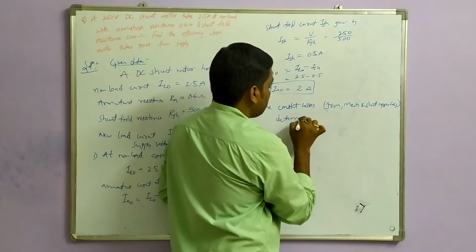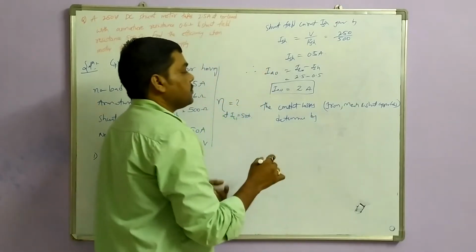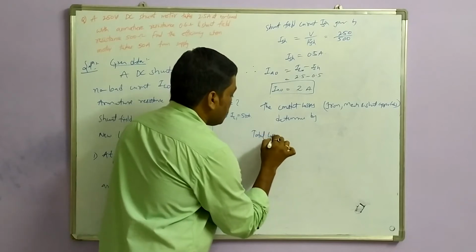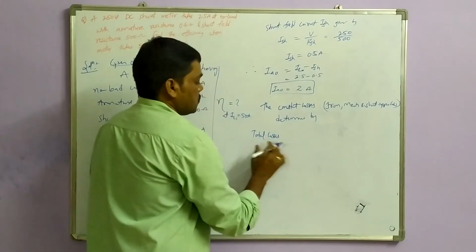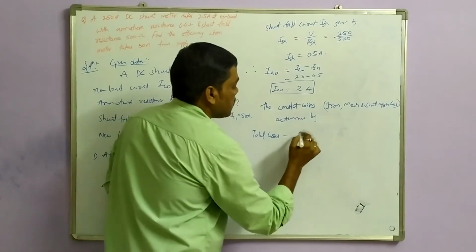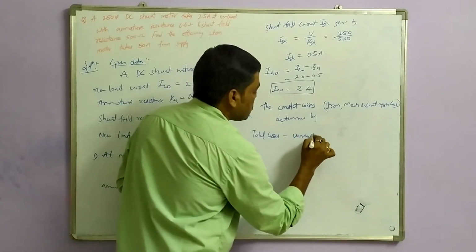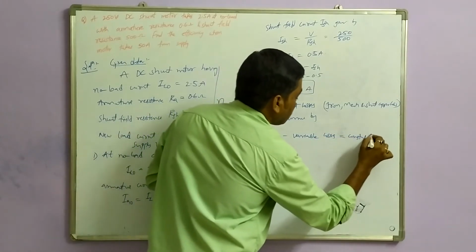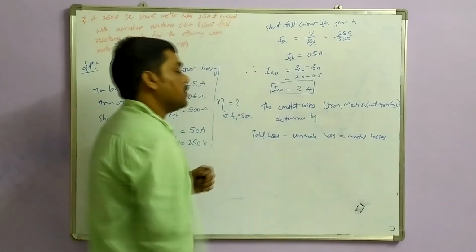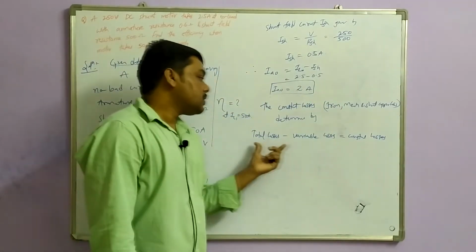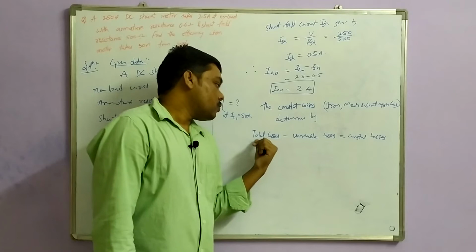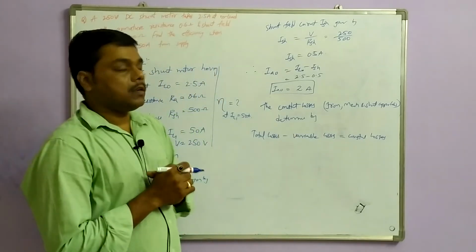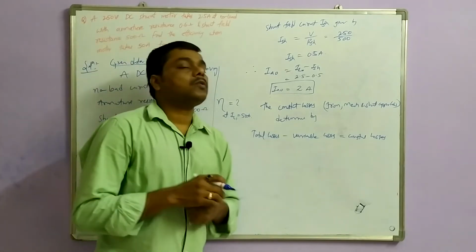The constant losses are determined as you can see here: total losses minus variable losses is equal to constant losses. Now at no load, what are the total losses?